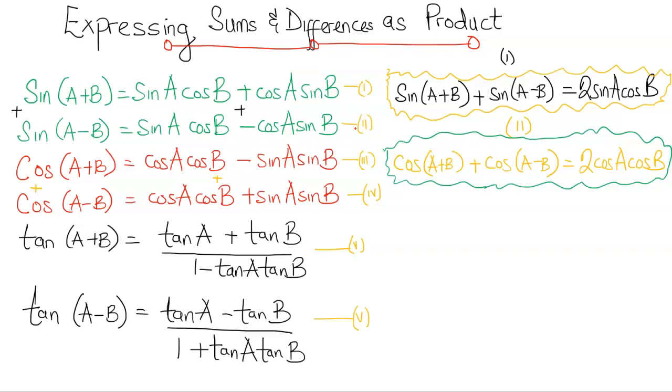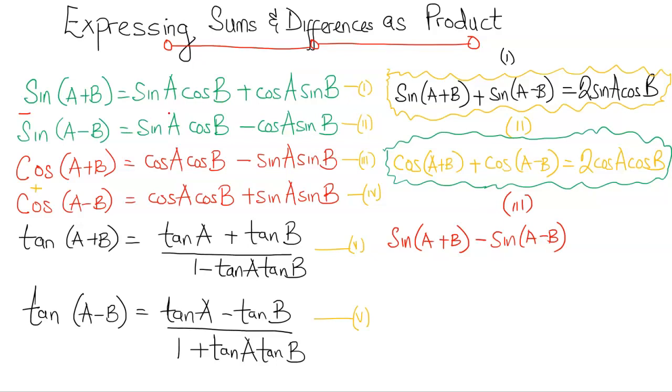I can do a similar thing. Let's return to equations 1 and 2. Let's subtract equation 2 from 1 this time around. I'm just going to erase these positive signs. If I subtract equation 2 from equation 1, the left side is going to be sine (A plus B) minus sine (A minus B).